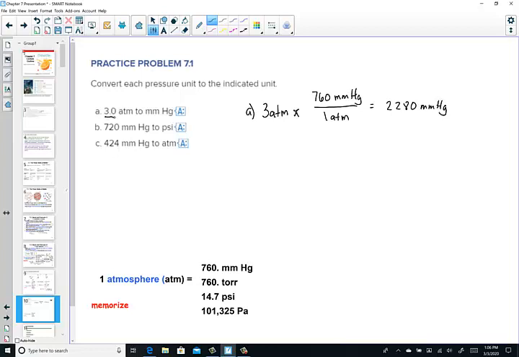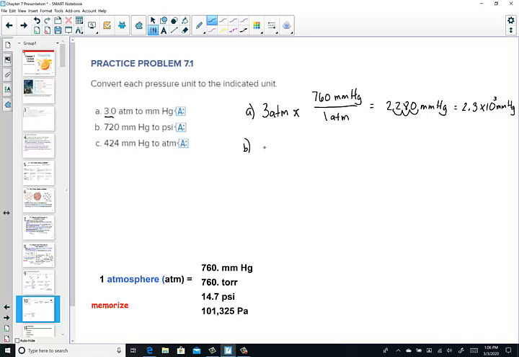We had 2 sig figs. That was the number 3, so that's what I said. So we need to make sure that we report that out as well. 2 sig figs means I'll have to report that as 2.3 times 10, 1, 2, 3 spots, times 10 to the third. And that gives me the correct magnitude of the number along with scientific notation mmHg.